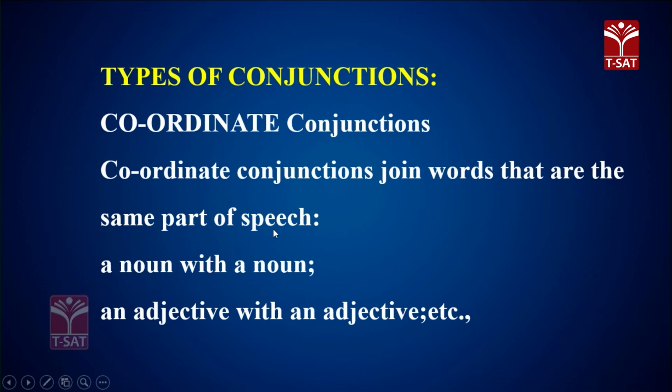You must remember this. A noun with a noun, an adjective with an adjective. If you are going to join a noun with a noun, you have to make use of a coordinate conjunction.